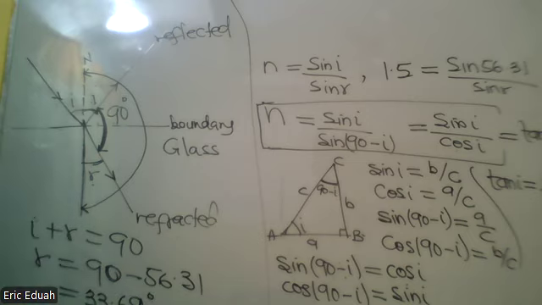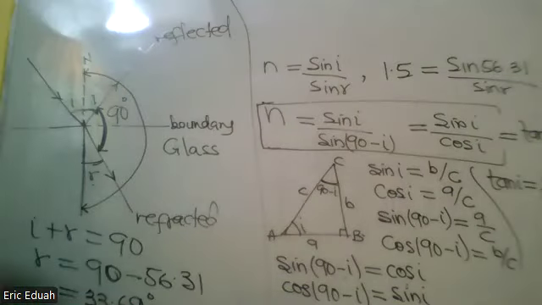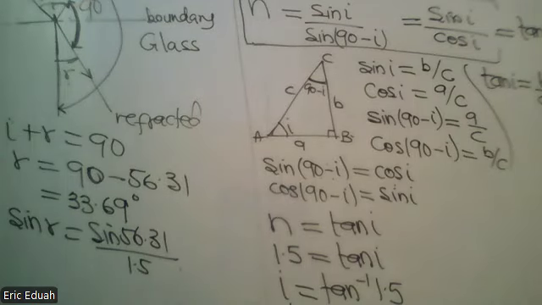33.69 degrees. Let's confirm using Snell's law. Make sine R the subject, which is sine of 56.31 divided by 1.5. Whatever you get, take the sine inverse and let's see what that would also give.